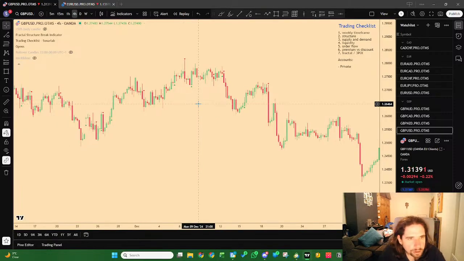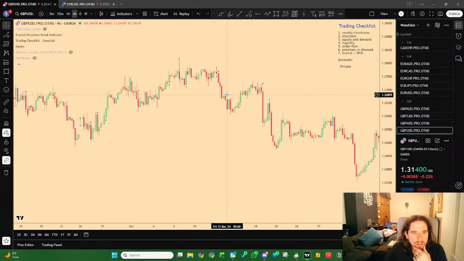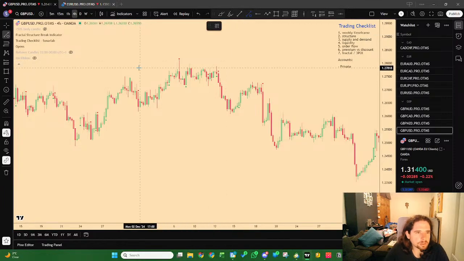Just to reverse it so we can see a downside. Let's use this one here. So you take liquidity with this area of supply and demand. I'm trying to think opposite now. You have an area of, yeah, I think this does work.